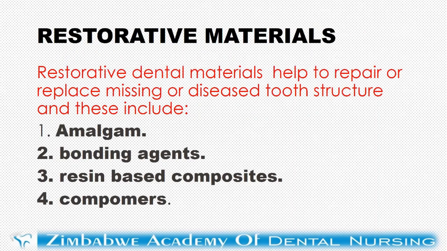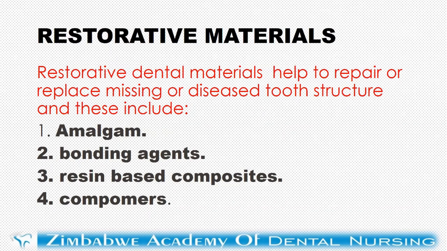Let's go back to restorative dental materials. Like I said a few minutes ago, these are materials that help the dental therapist or dentist to repair or replace missing or diseased parts of a tooth or teeth. These materials include the famous and the most popular dental amalgam.